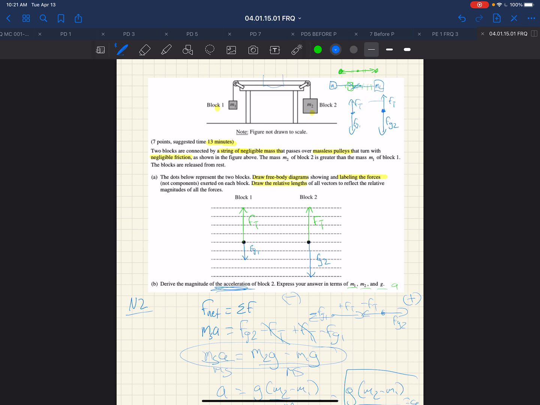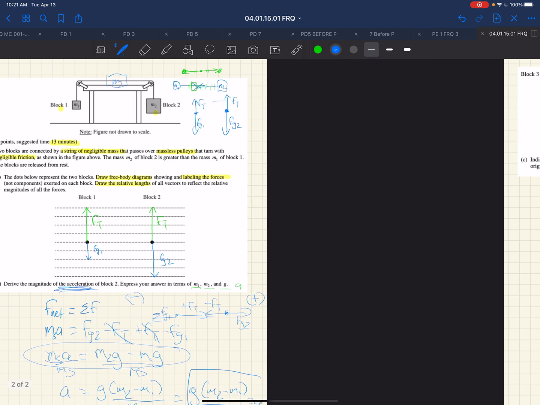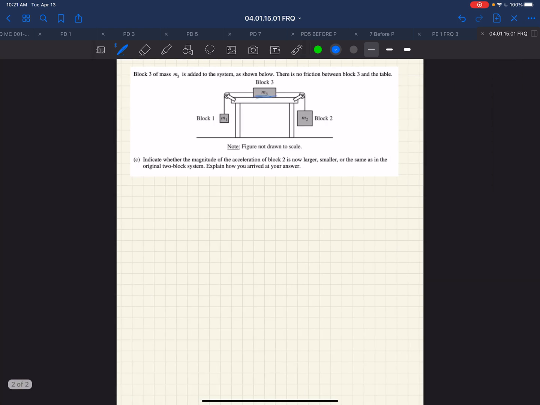Now we are going to just add another block in there, block 3. Well, if we do our free body diagrams, so for mass 2, we have the weight, FG2, and we have the tension. And we have mass 3, which experiences the tension, its weight, FG3, force normal 3, and the force of tension.